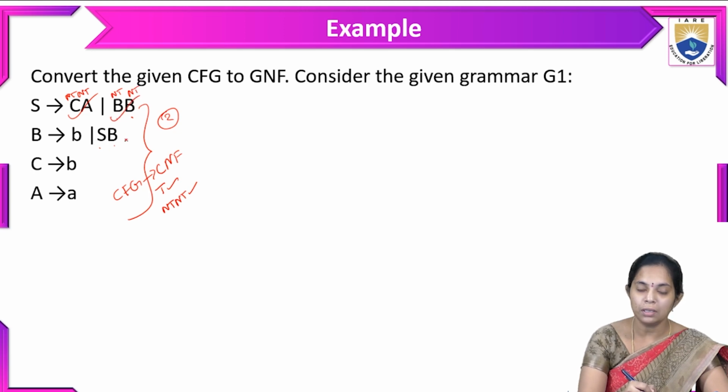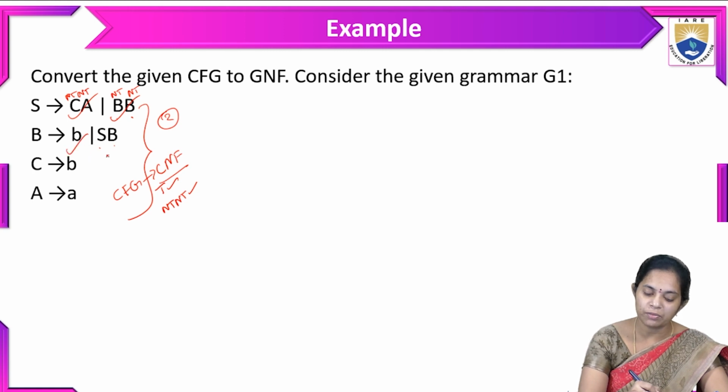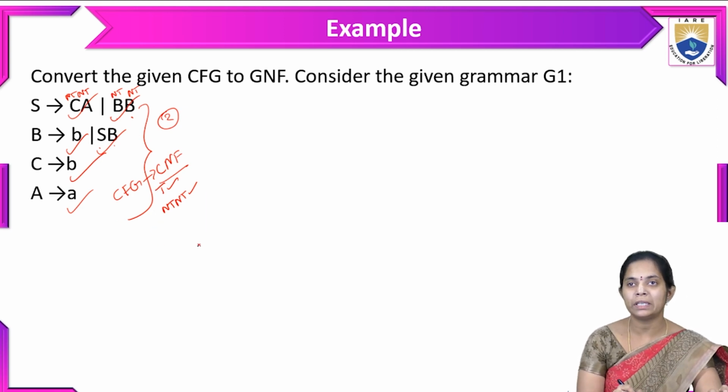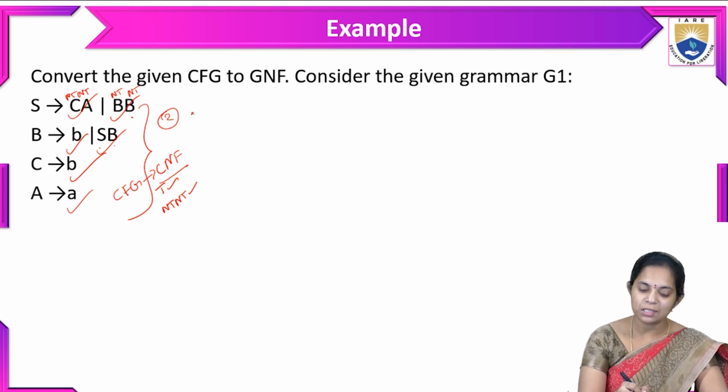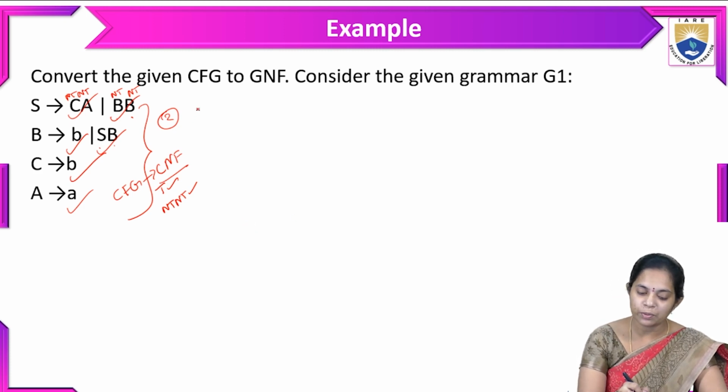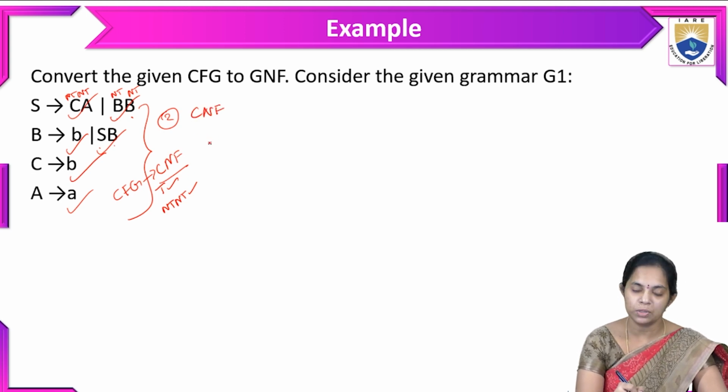This is only a terminal, and this is also only a terminal. So by seeing this grammar, we can say that the given grammar is in Chomsky normal form. This is the second step. If the grammar is not in CNF, we have to convert it, but here it is already there, so there is no requirement to change to CNF.